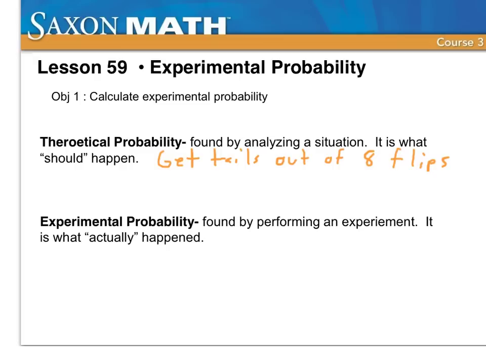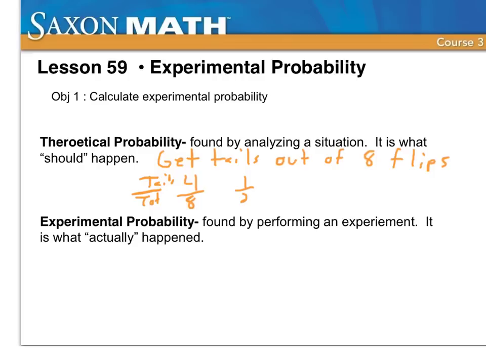Theoretical probability is what should happen. So the theoretical probability is 4 out of 8, tails over the total flips, or 1/2. That's what should happen. I should get tails 4 times out of the 8 flips, or half the time.